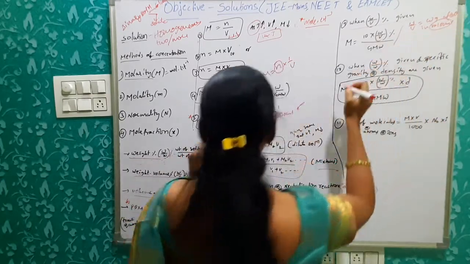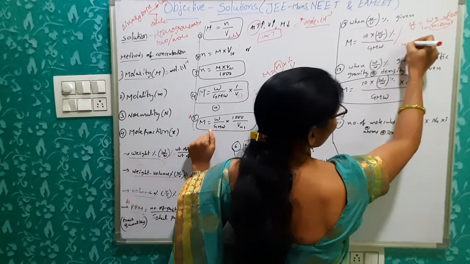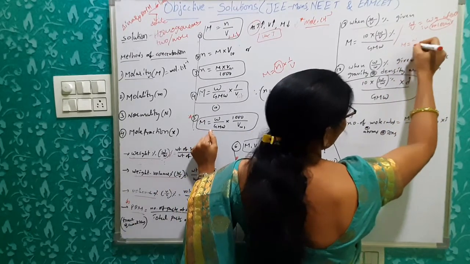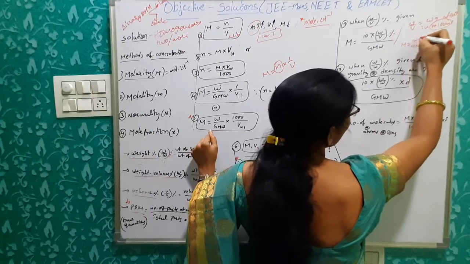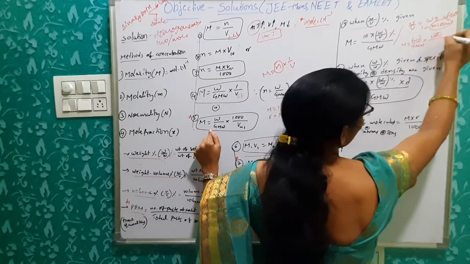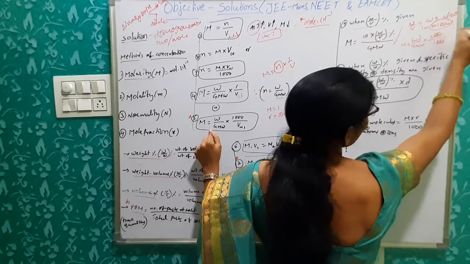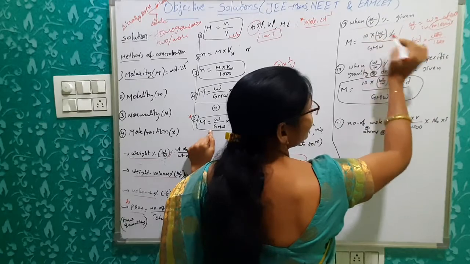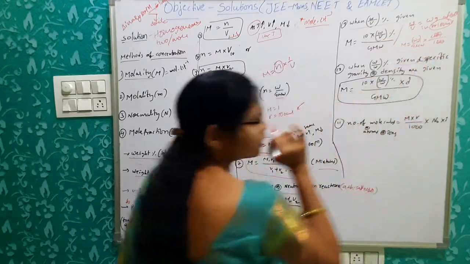So take the formula M is equal to weight by volume by gram molecular weight into 1000 by 100 ml. So M is equal to weight by volume percent into 10 by gram molecular weight.